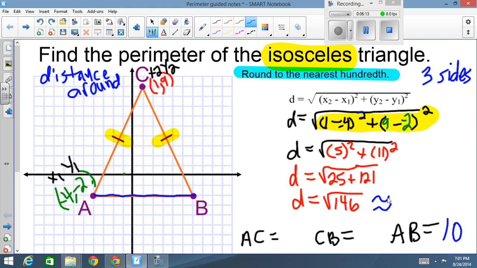And in this case, when I do the square root of 146, I get 12.08. The next number is a 3. And since I'm rounding to the nearest hundredth, which is 2 decimal places, it's this third number that helps me determine whether I'm going to keep the 8 as an 8 or I'm going to round it up to a 9.